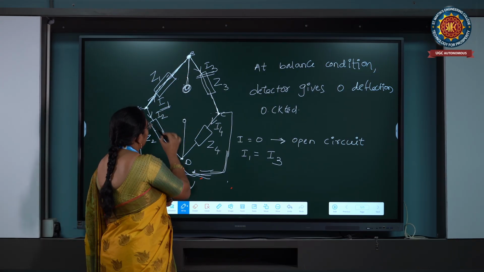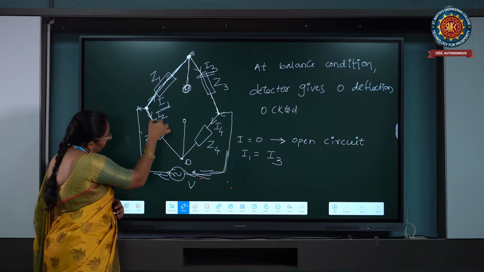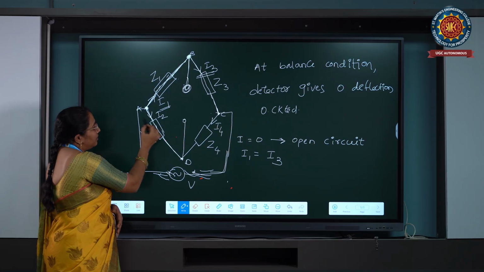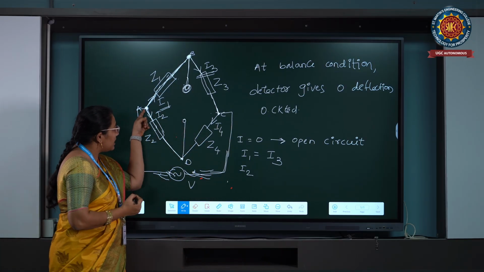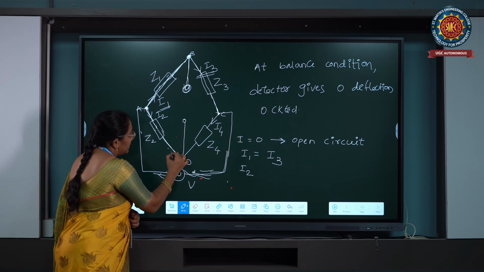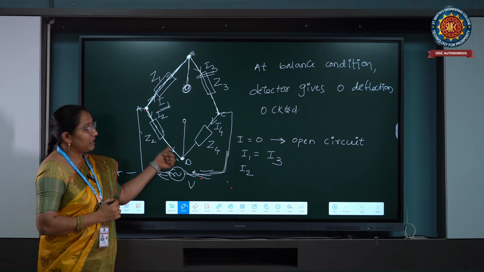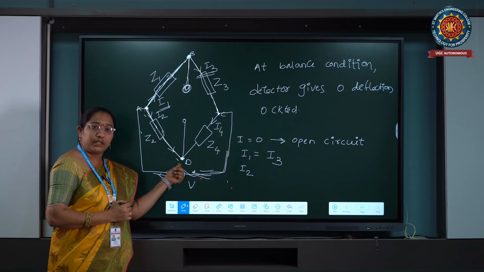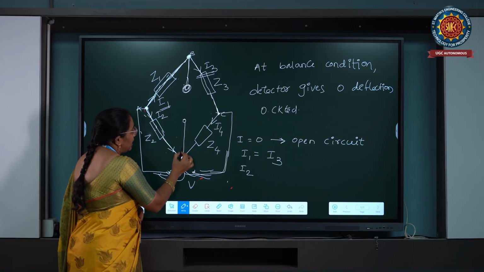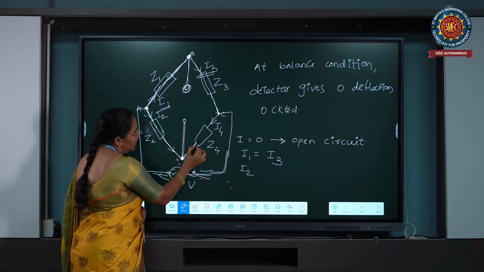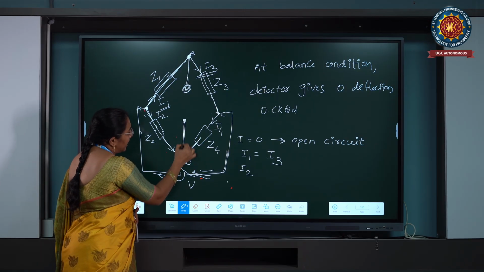Next, coming to this node, here also we are getting some current, right? That one is I2. So this I2 is incoming current for the node D. Here also we are having this branch and this branch. At this branch, say here it gets opened, right?